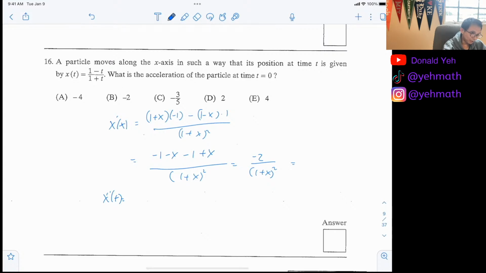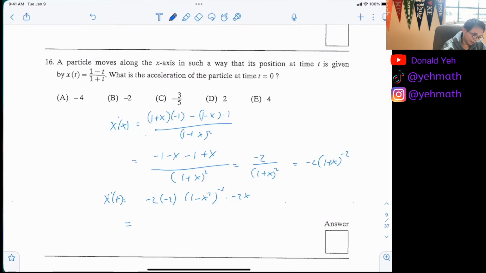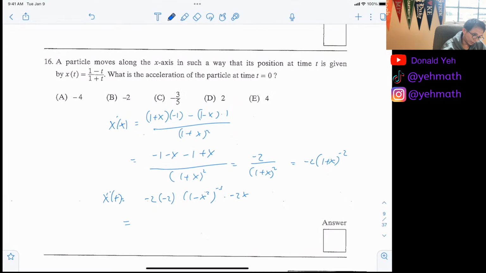Now the second derivative is going to be negative 2 times negative 2 times 1 plus x to the negative 3 times the derivative of the inside, because of the chain rule. Most people will forget about the chain rule. So that is going to be negative 8x over 1 plus x to the third.